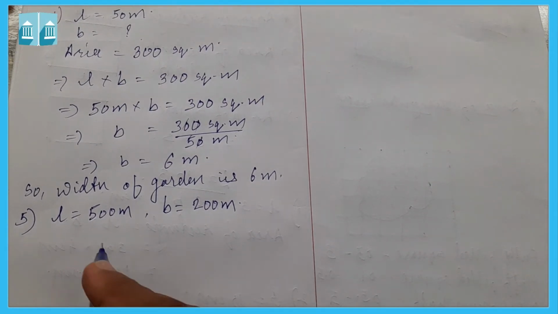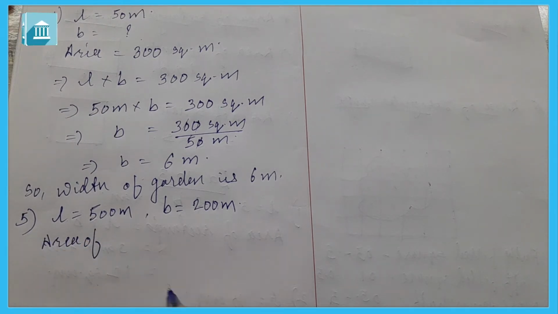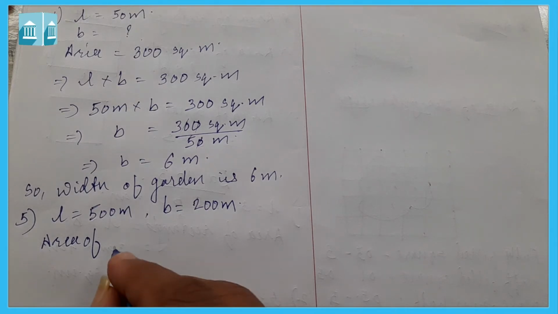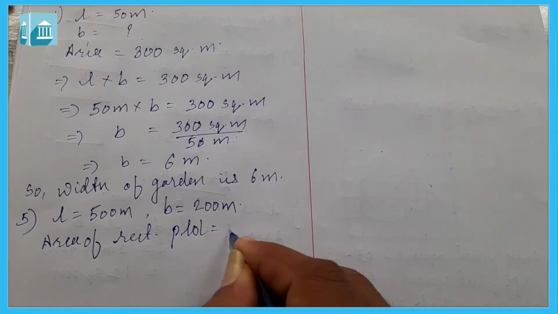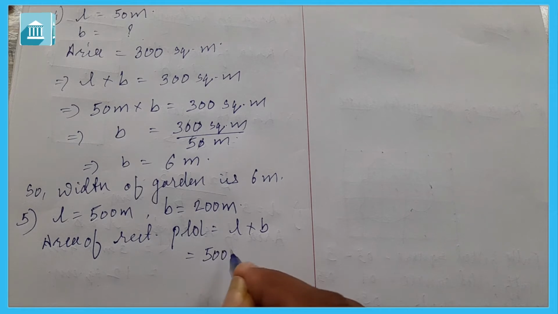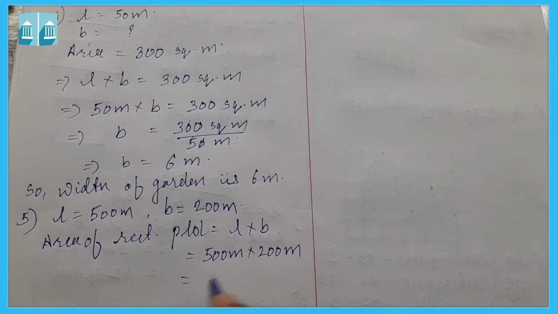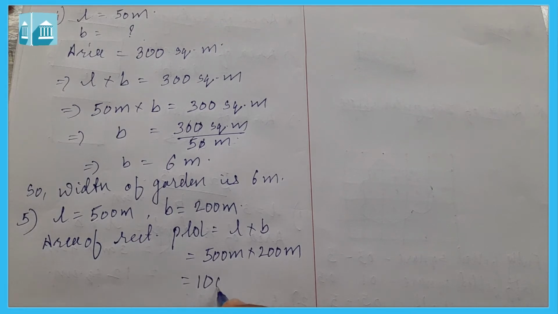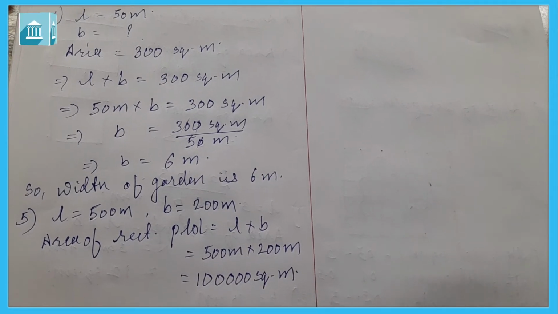So for the cost of tiling, we have to find the area of the rectangular plot, which is equal to L into B, which is equal to 500 meter into 200 meter, which is equal to 100,000 square meter.